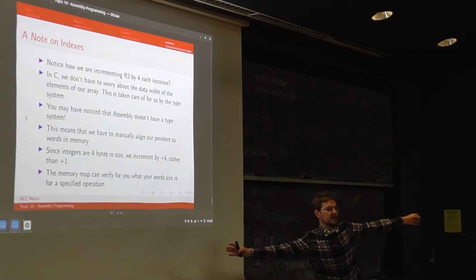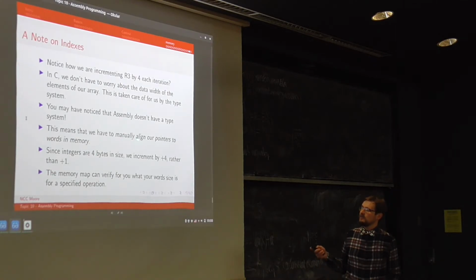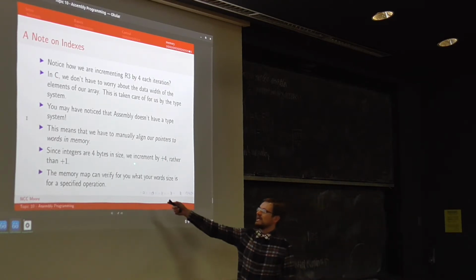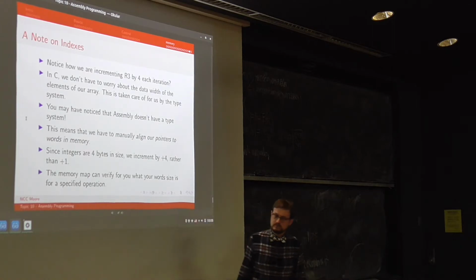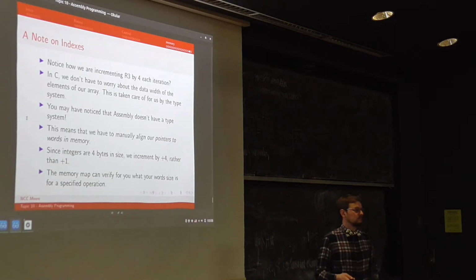There are no types at all. This means that we have to manually align our pointers to the words in memory. Since integers are 4 bytes in size, we can increment by +4 rather than +1. Sorry, we must increment. The memory map can verify for you what your word size is for a specified operation.